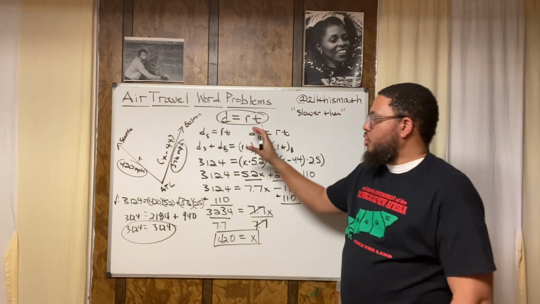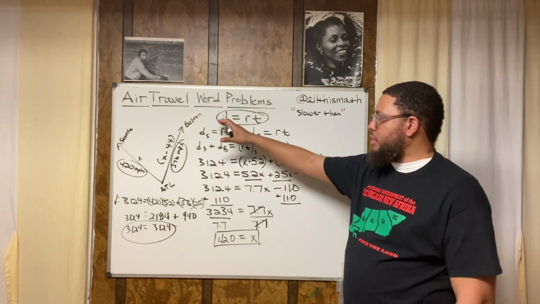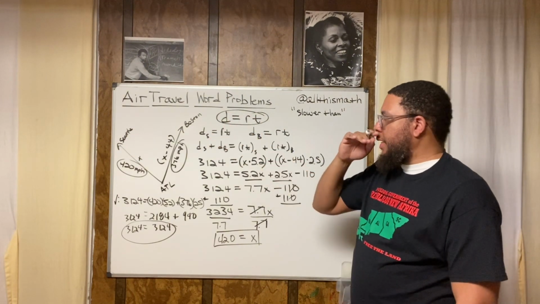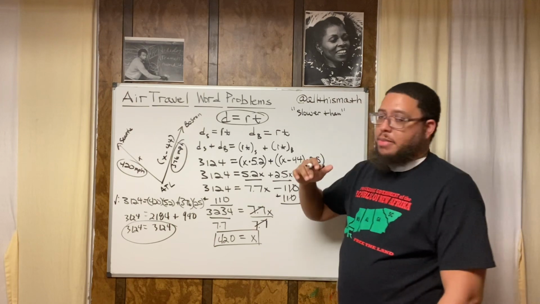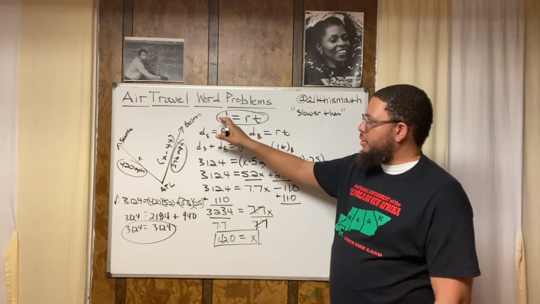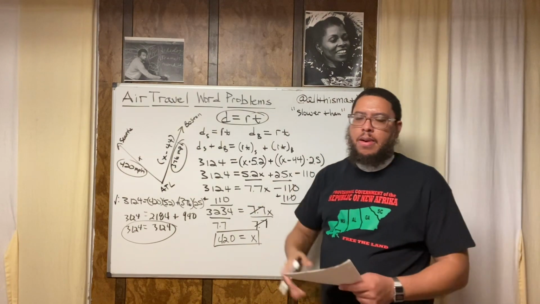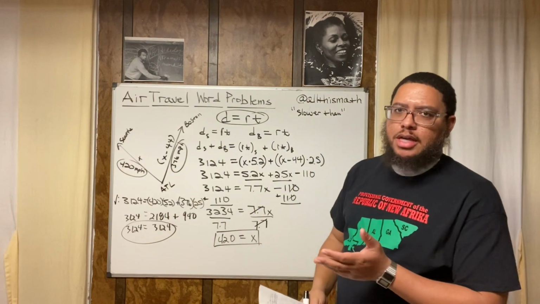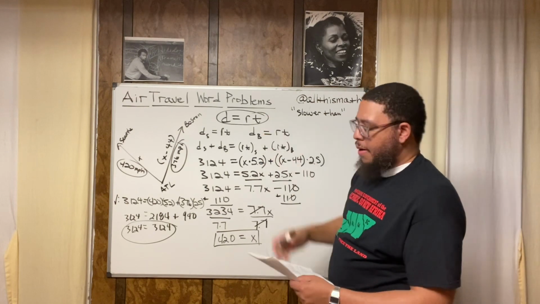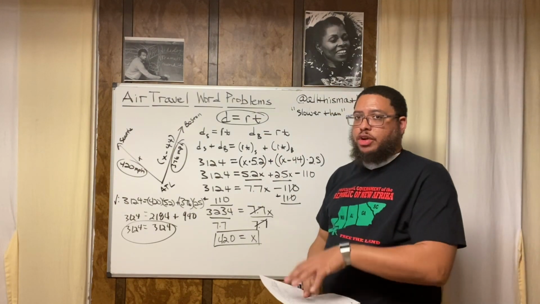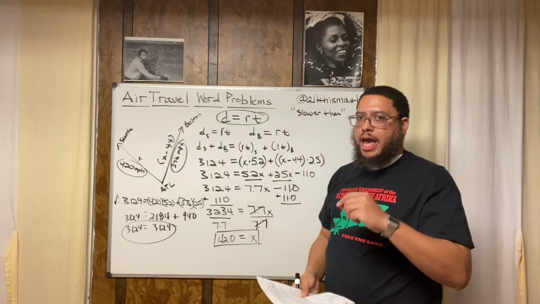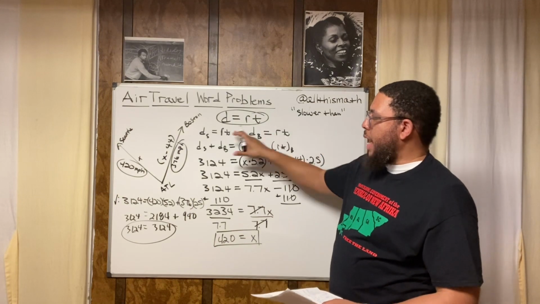And then you derive other formulas from it, because it isn't always straightforward. Sometimes you might have to subtract, like D equals RT minus RT. So it gets complex at times, but as long as you understand this formula and you understand the word problem, and you read it and think about what's really happening, then you'll know how to apply this formula.